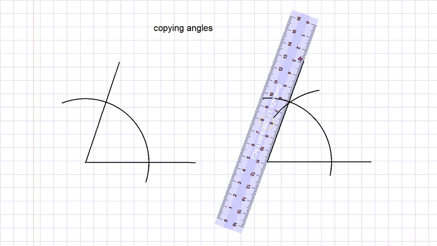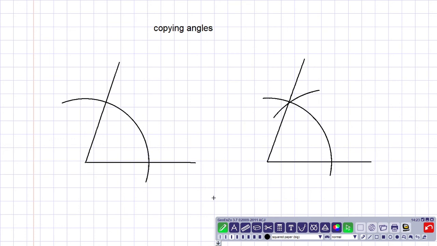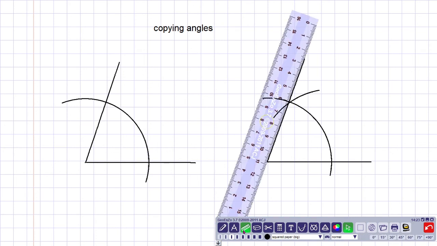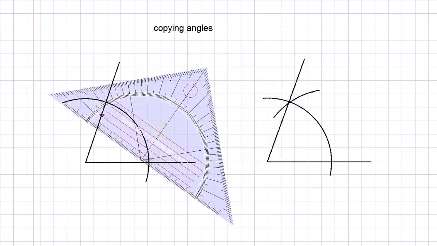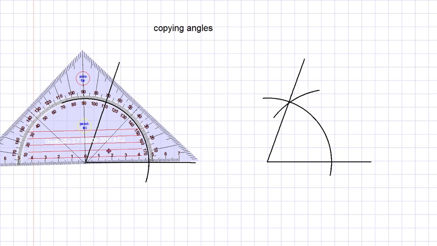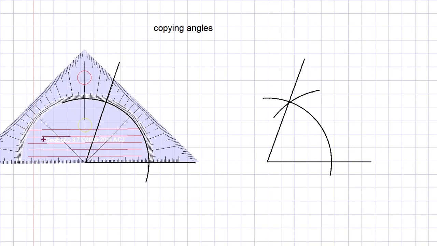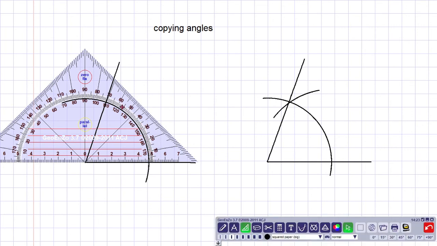So what is called as copying angles? Copying angle means drawing an angle, constructing an angle with the same magnitude of the previous angle. If you want, you can get the protractor and measure that. You will notice that both angles are in the same magnitude. Here let's check. What is the magnitude? It is about 71 degrees.